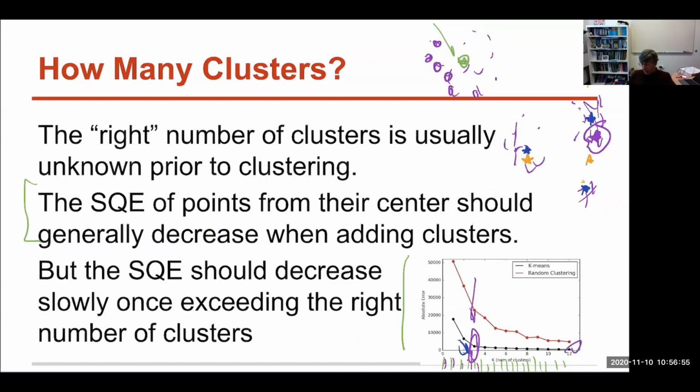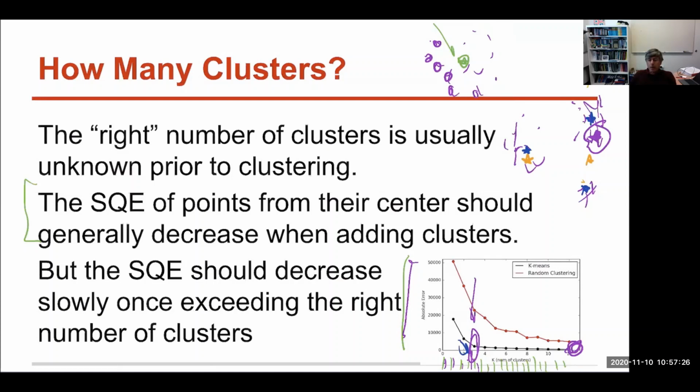If we allow an arbitrary number of clusters, the error will go to 0. So we don't really want to minimize. The right k is not the one that minimizes the error. The right k is the one where adding more cluster centers doesn't reduce the error by very much. Any questions about that?